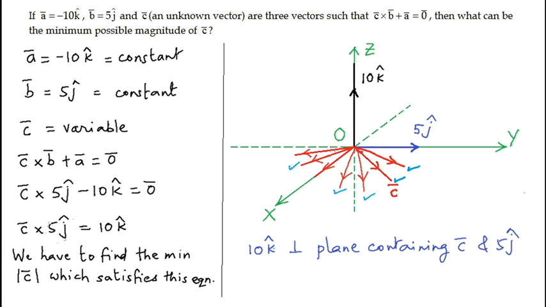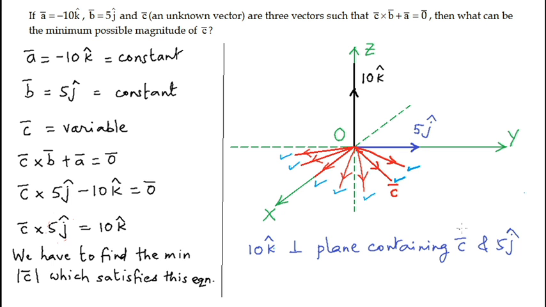So essentially all of these directions shown by the red arrows, all of them could be possible directions for the vector C bar. Of course, when I draw all of these arrows, I also mean the directions in between the two arrows, like for example this direction, or this direction, or this direction, and so on.